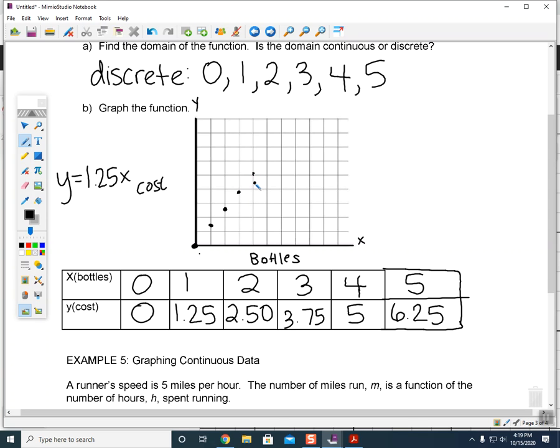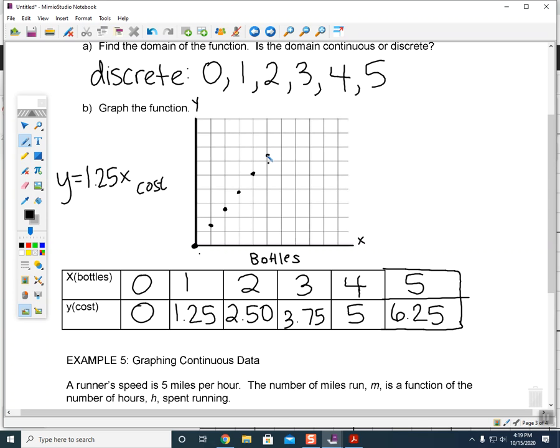Obviously this is not super precise because we're using fractions, but I'm trying my best to be as close as possible. And then 5 and 6.25, somewhere in here.